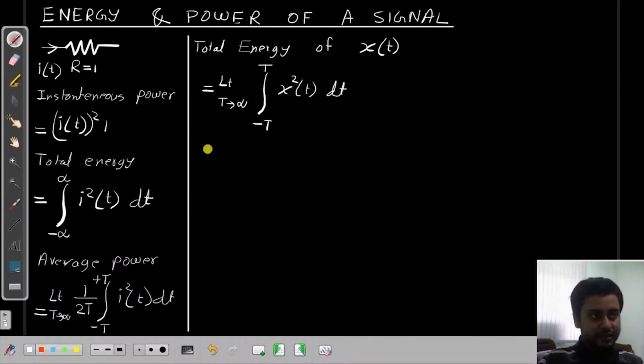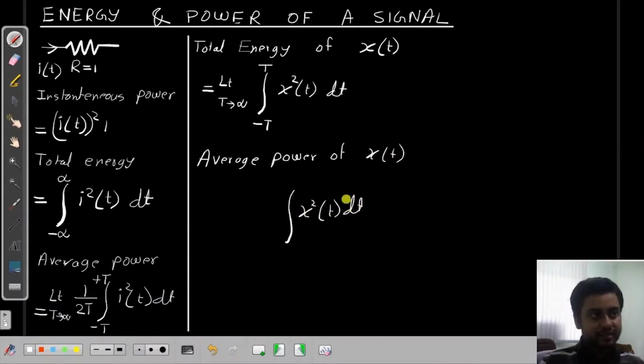And similarly, the average power of a signal is defined as the total energy divided by total time.